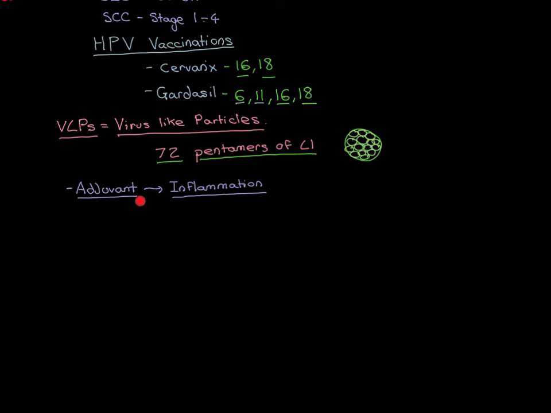And the way we do this is with adjuvant, which is just a mush of pathogen proteins, I think generally from TB pathogens, that will trigger a massive inflammatory response when you inject it in. So, virus-like particles along with adjuvant, and you give this by intramuscular injection.